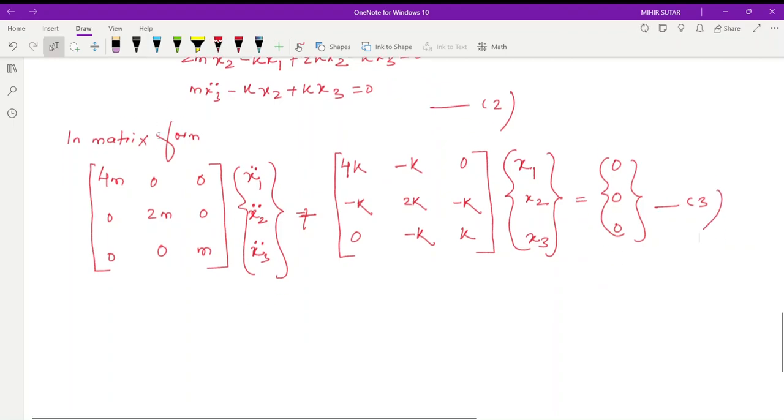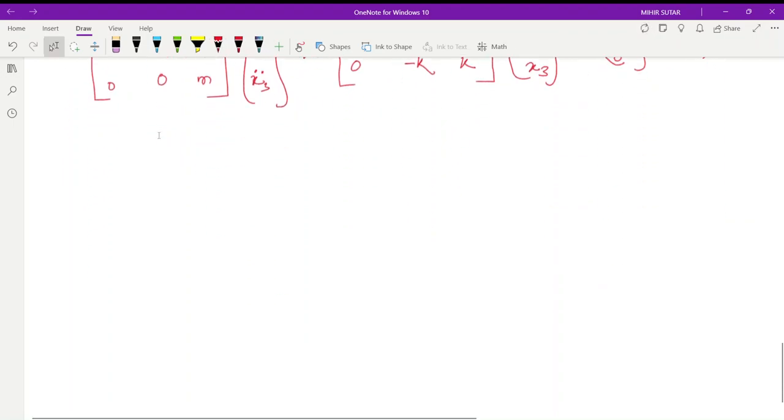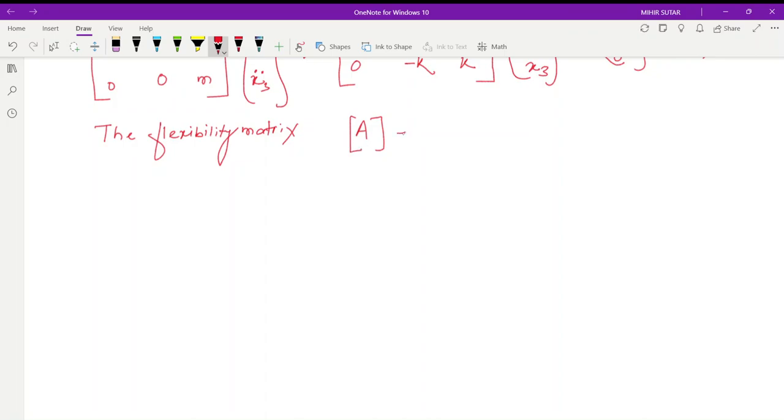Okay, so now we'll find out the flexibility matrix A, which is basically the inverse of the stiffness matrix, the K matrix.